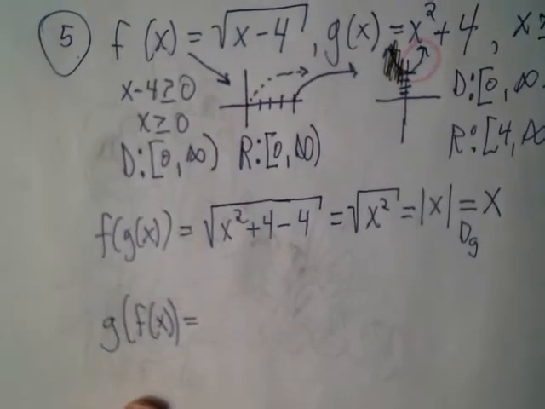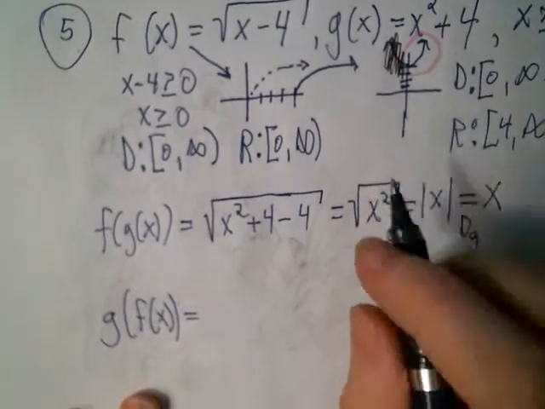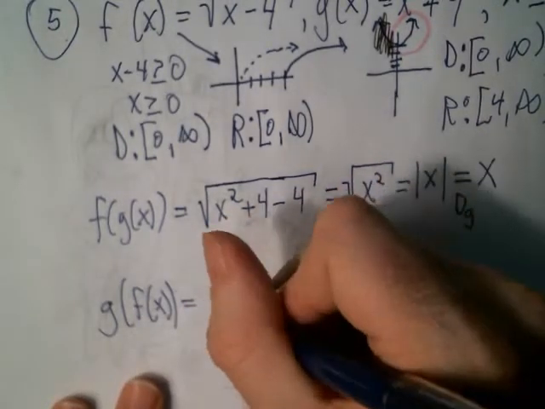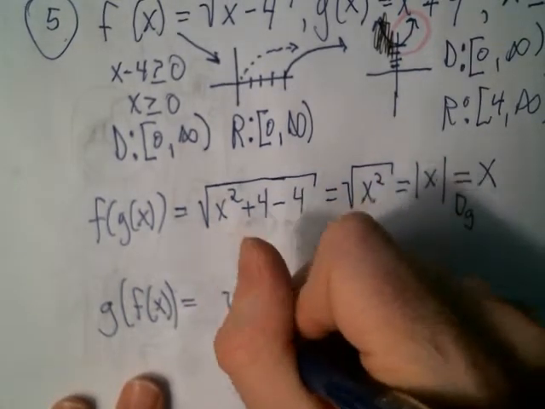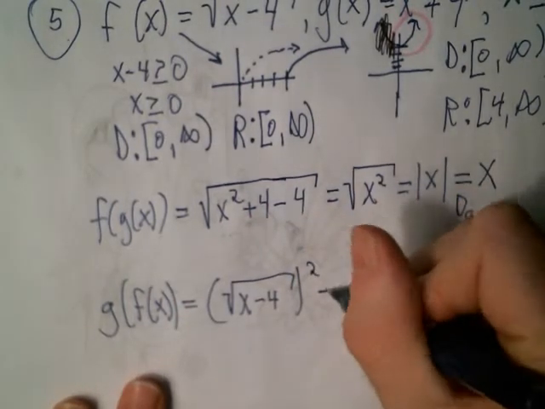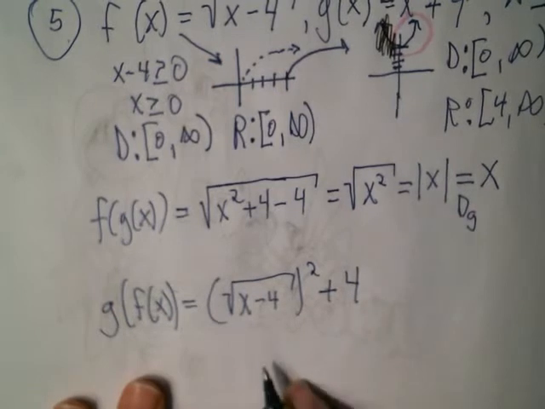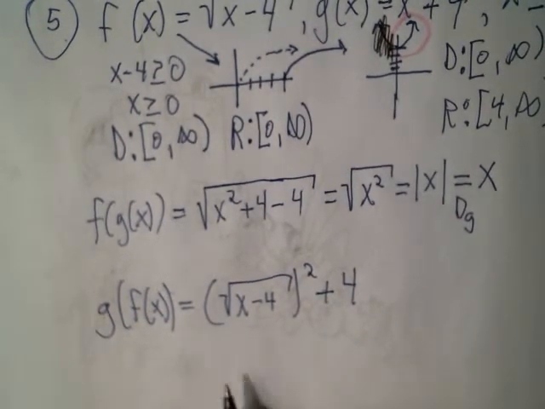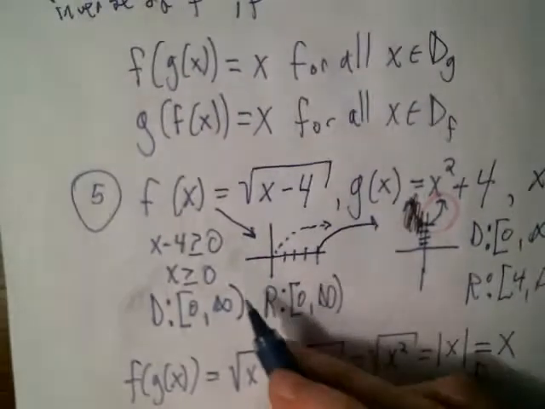Then let's look at plopping this guy into this guy, g of f of x. Wherever I see x, I'm putting square root x minus 4. So square that, and then plus 4. There is an implicit domain here for f of x. Sorry, I screwed that up.